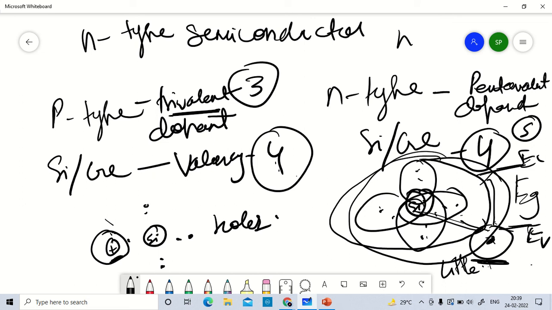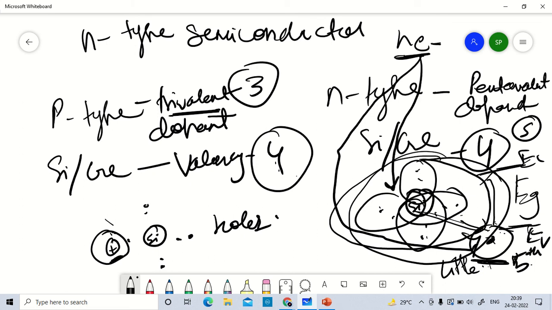So when I say Ne, Ne is the number of free electrons. The number of free electrons every time we do doping is due to this free fifth electron, as well as intrinsically, if we break the covalent bond and one electron is there.